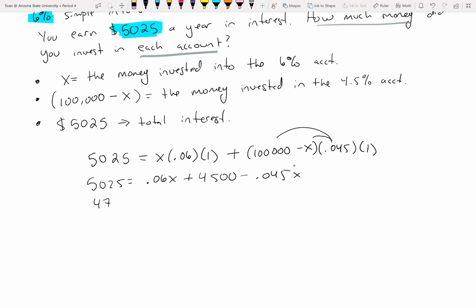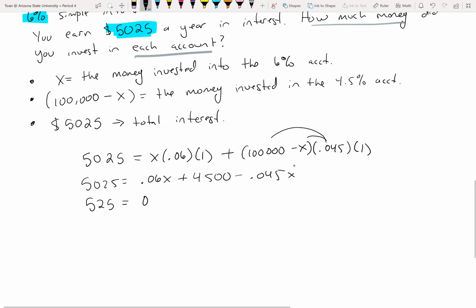No. 520. Is it 525? Why can't I do simple subtraction? It's been a long day. 525, yeah. Equals, and then 0.06 minus 0.045 is 0.015X. So 525 divided by 0.015 gives me 35,000.